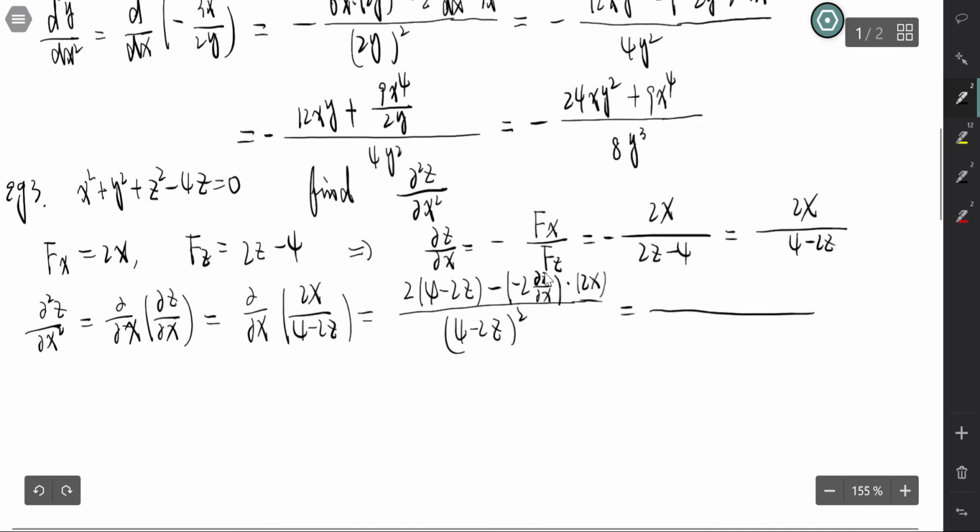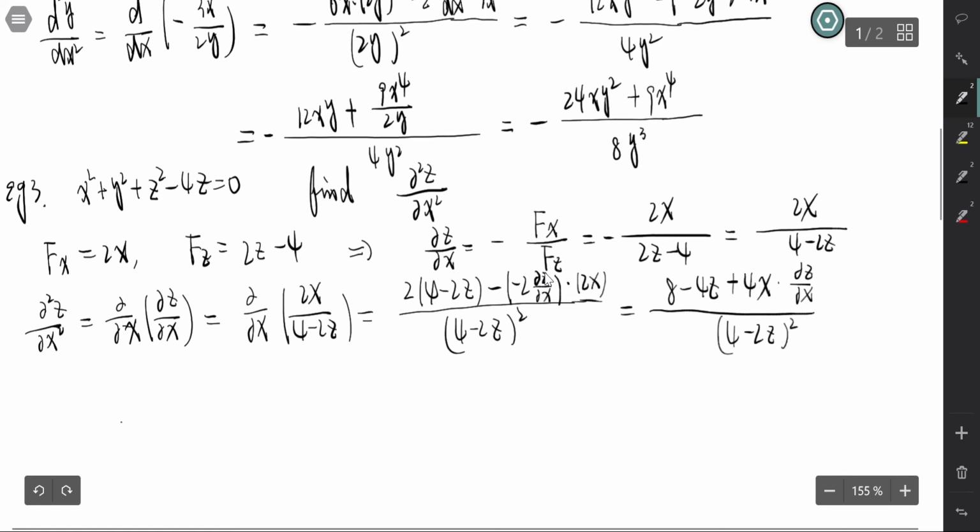That is 8 minus 4z, and negative times negative is positive, plus 4x times partial z partial x, over (4 minus 2z) squared.